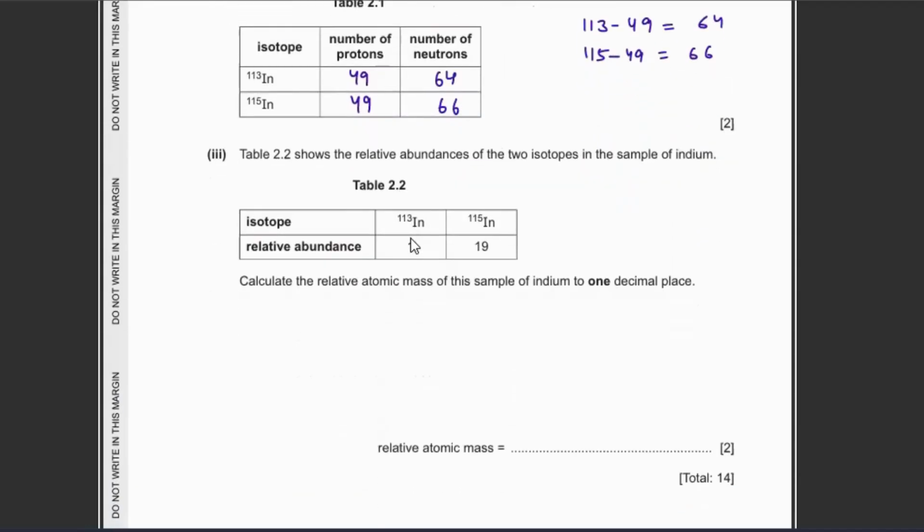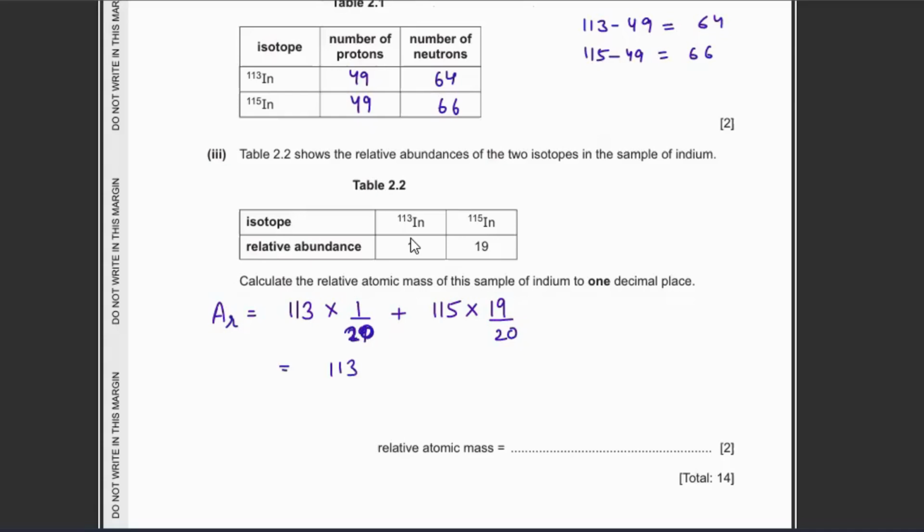Next, show the relative abundance of the two isotopes of the sample of indium. Now, relative abundance is given, not the percentage abundance. So how to calculate this? To find the relative atomic mass, this will be the mass number of this isotope times the fraction, which is 1 by 20, plus 115 times the fraction, which is 19 by 20.